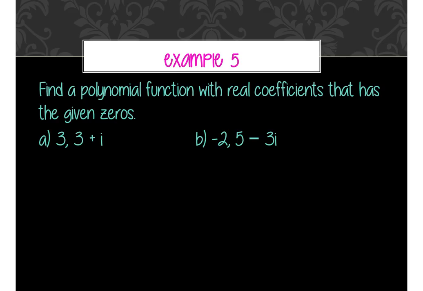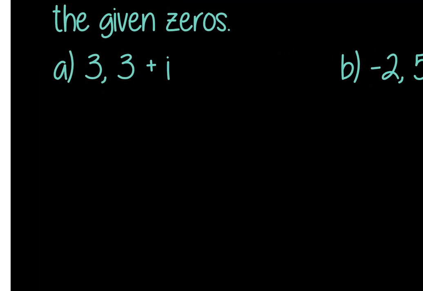This is going back to part 2 of 2-2, where if I gave you the zeros and you wanted the polynomial, you list these after x minus. Now the catch this time is that one of these has an i in it. So if 3 plus i is a zero, what do you automatically know is also a zero? 3 minus i.